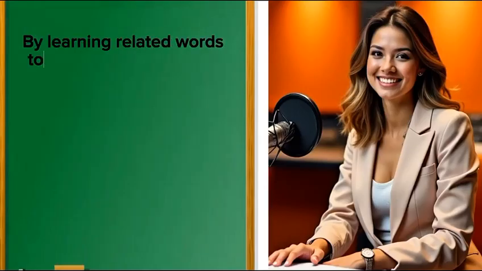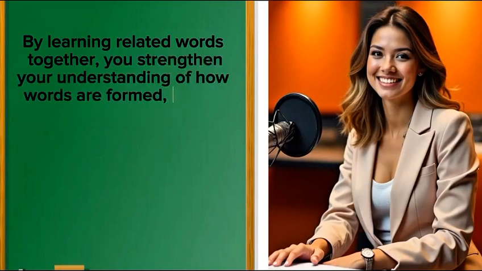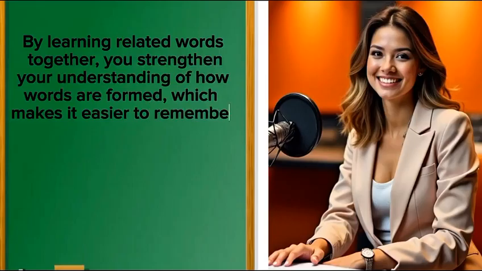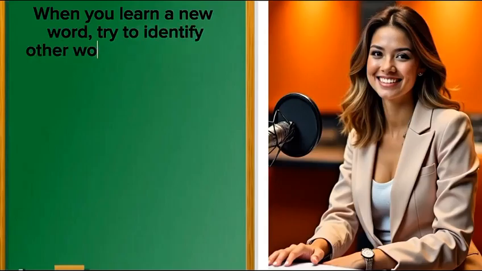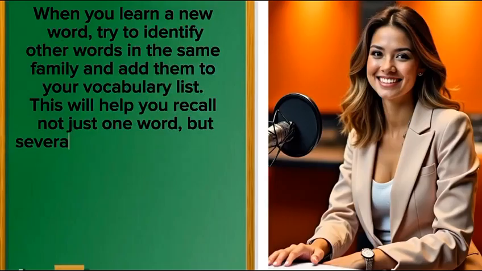By learning related words together, you strengthen your understanding of how words are formed, which makes it easier to remember them. When you learn a new word, try to identify other words in the same family and add them to your vocabulary list. This will help you recall not just one word, but several words related to it.